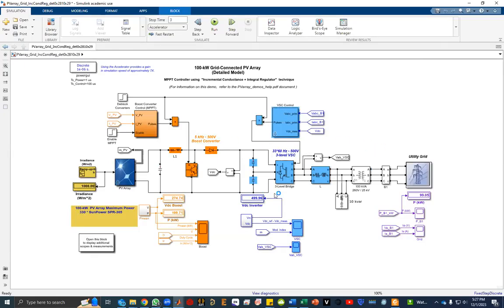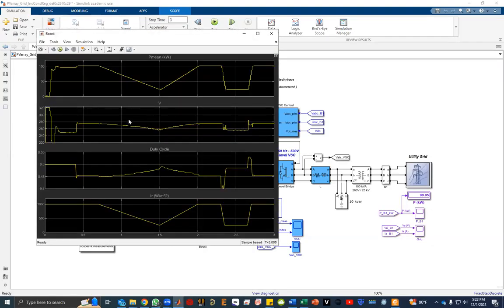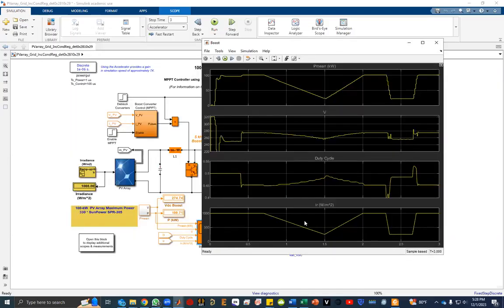So I want you to run this and see different sorts of outputs. For example, this last one is the irradiance profile, and according to this irradiance, the power of the photovoltaic cell is this much. This is the voltage, and these are the duty cycles.